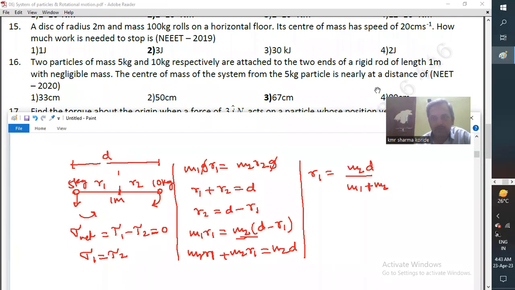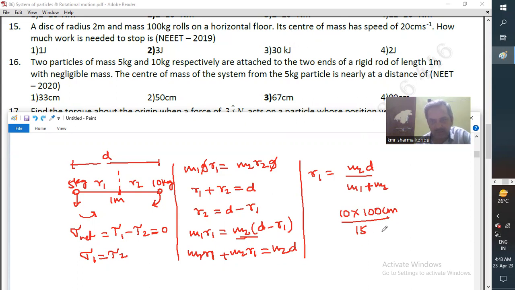Now you substitute the values. M2 is 10 kg, D is 1 meter. Options are given in centimeters, so converting 1 meter into centimeters means 100 centimeters, divided by the masses 5 and 10, so 15. Otherwise we can directly cancel it.